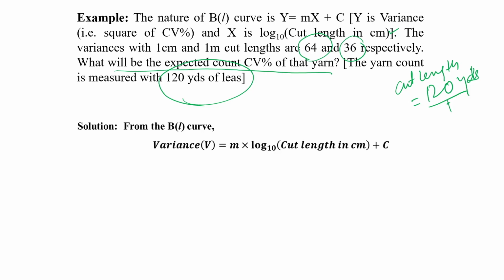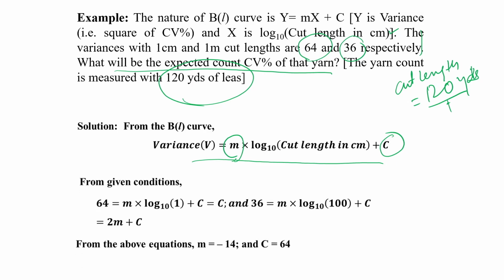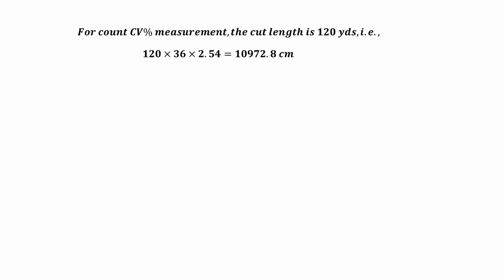The rest of the process will be the same. Now, let us see the solution. Variance is given by this relationship, and first, with the given conditions, we have to calculate the value of m and C. From the given conditions we have calculated, m is minus 14 and C is 64. Now, for count CV, we use the cut length of 120 yards.